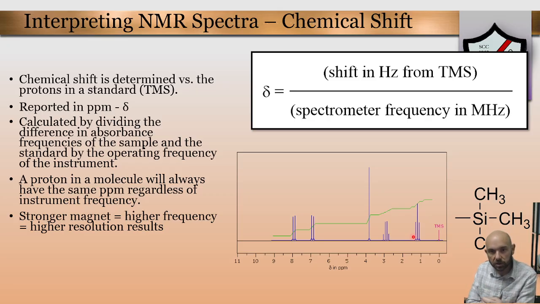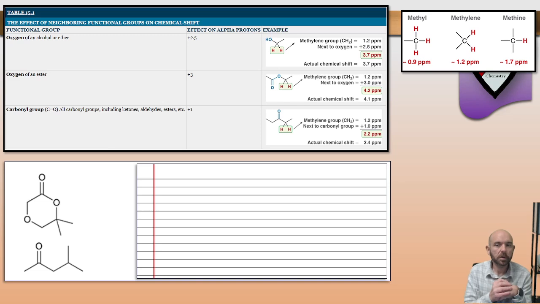We're constantly building higher and higher frequency instruments that require stronger and stronger magnets. We get higher resolution results that we can get more information from when we're using a stronger magnet. So that's why we might be interested in getting a higher frequency instrument. So here we're going to give some examples of how to predict the chemical shift of a set of protons given its proximity to some oxygen structures in a molecule.